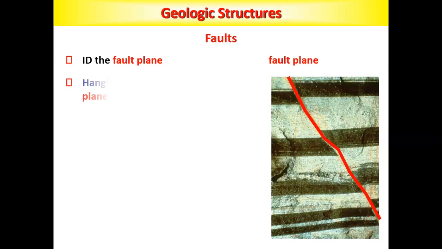The next thing I want to do is determine motion. Here's the trouble: because I never saw this block or these layers shift, I don't know if, under stress, this piece of my view here, or block, was pushed upward.